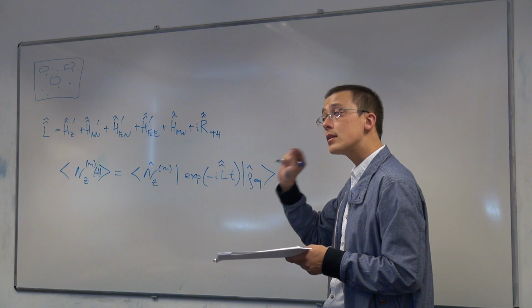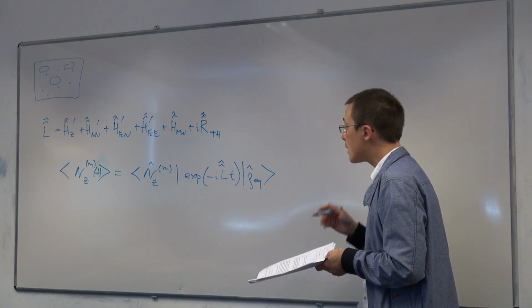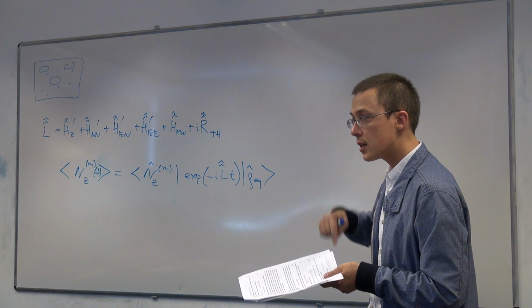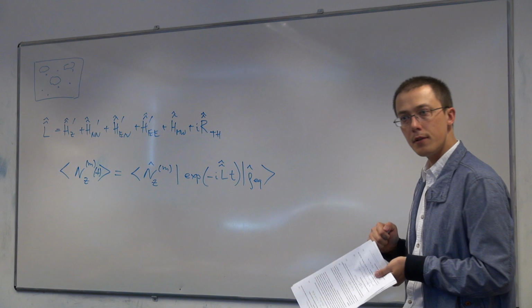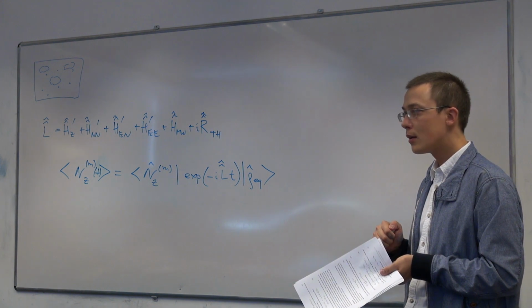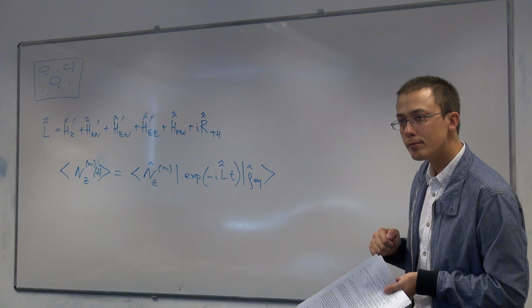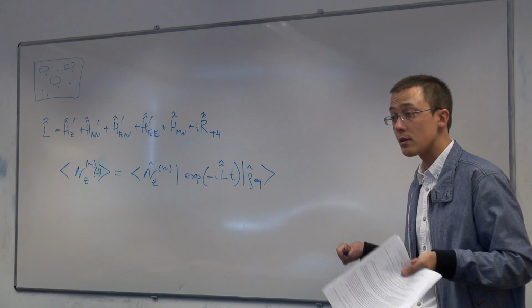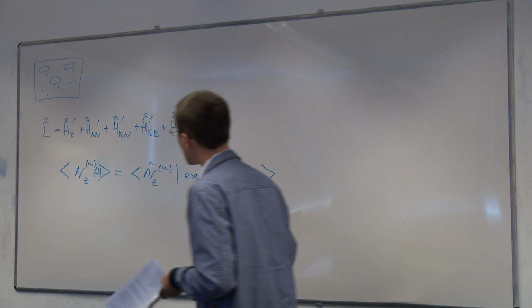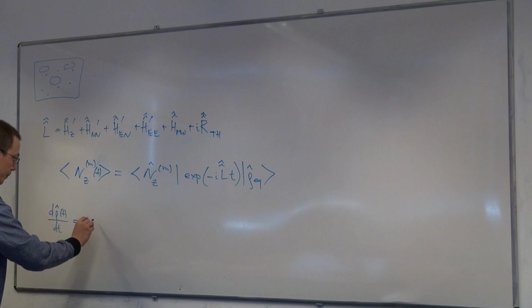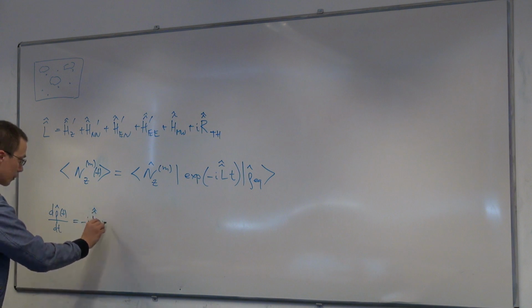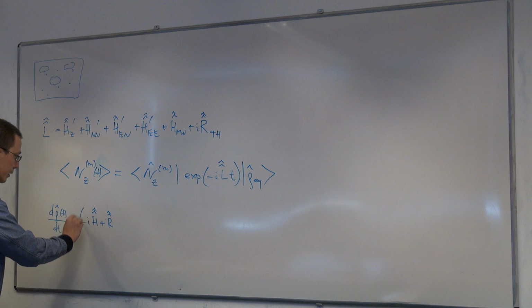But if you need a steady state situation, then there is a neat trick which solves for the steady state straight away. Now, for a differential equation, what's the definition of a steady state? Basically the time derivative is zero, so it no longer evolves. So in our Liouville-von Neumann equation, d rho of t by dt equals minus i H superoperator plus R superoperator acting.